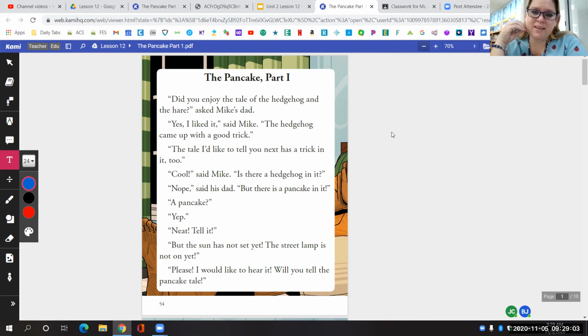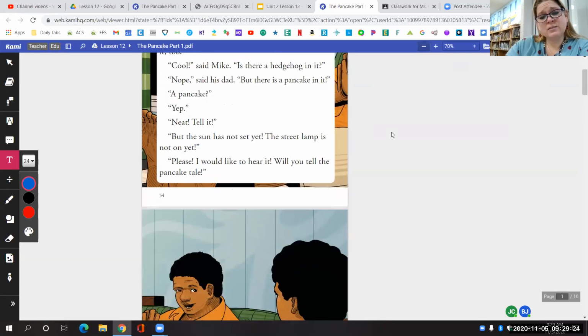Cool, said Mike. Is there a hedgehog in it? Nope, said his dad. But there is a pancake in it. A pancake? Yep. Neat, tell it. But the sun has not set yet. The street lamp is not on yet. Please, I would like to hear it. Will you tell the pancake tale?